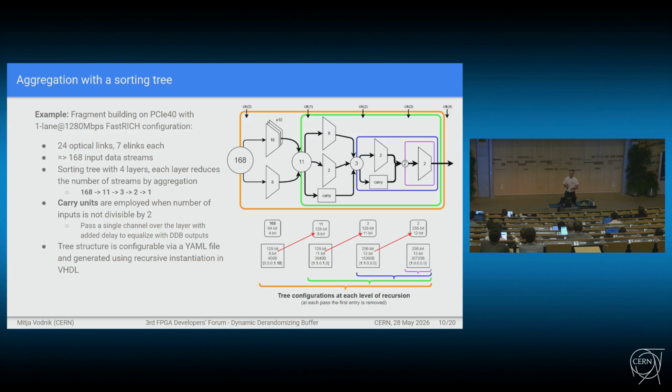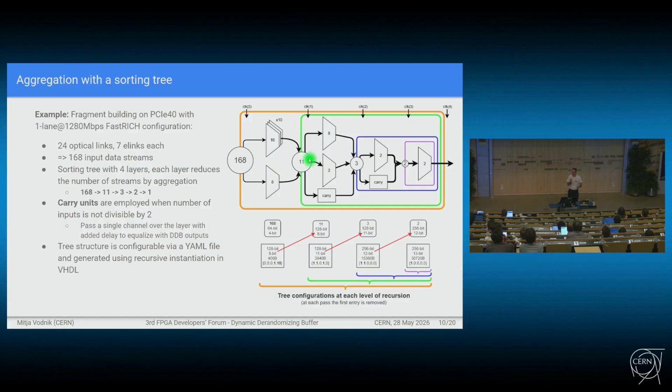So this is an example of it. For example, in our FastRICH use case, we would get inputs from 168 different ASICs to the readout board, and then we aggregate it in multiple layers. So the first layer, for example, aggregates with 11 DDB units.